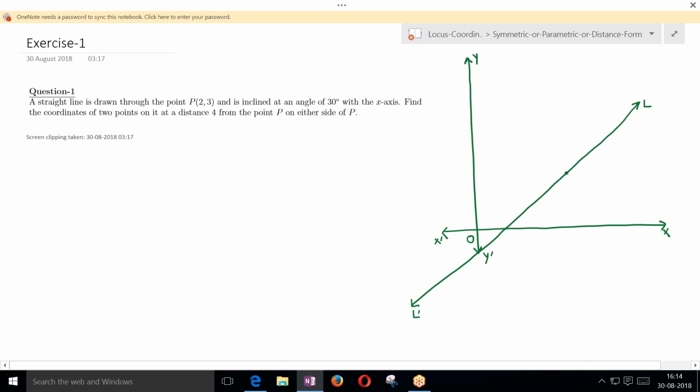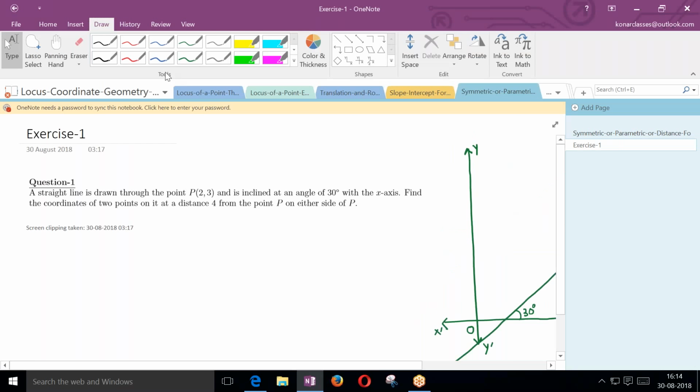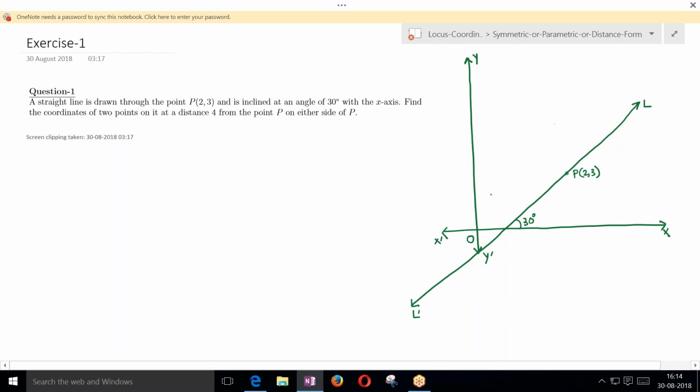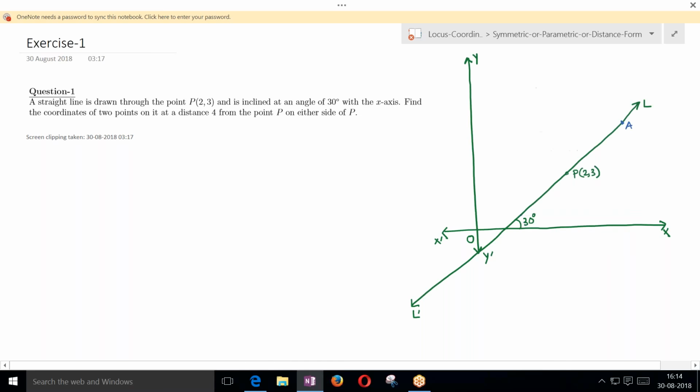Now we need to find the coordinates of 2 points at a distance of 4 from the point P, on either side of P. That means you can get a point here, suppose A, which is at a distance of 4 units, and also you can get a point B here, which is at a distance of 4 units.